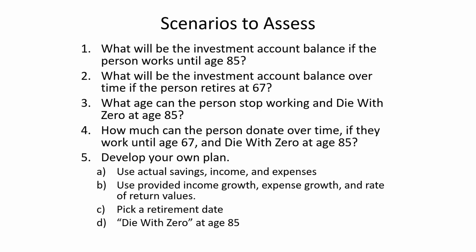By personalizing this, you'll be able to continue to use the details I provide of income growth, expense growth, and so on. You'll be able to find out at what age you could hypothetically retire to have that die with zero scenario at age 85.